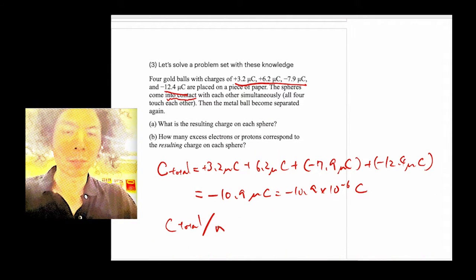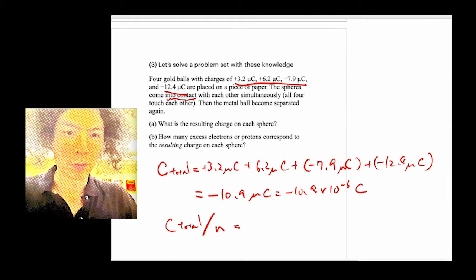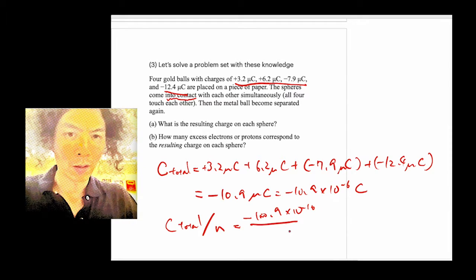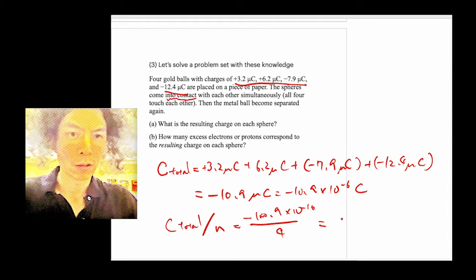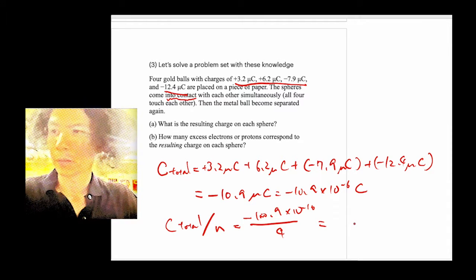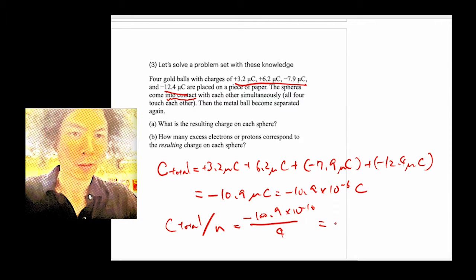In this case the number of balls is 4, so it is negative 10.9 multiplied by 10 to the negative 6 divided by 4, which is basically negative 2.725 multiplied by 10 to the negative 6 coulomb.